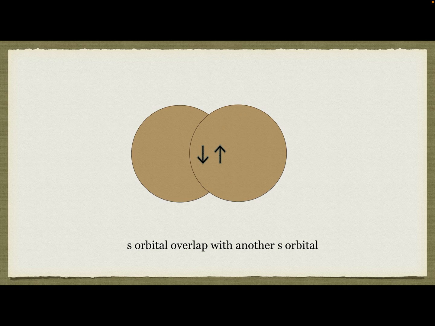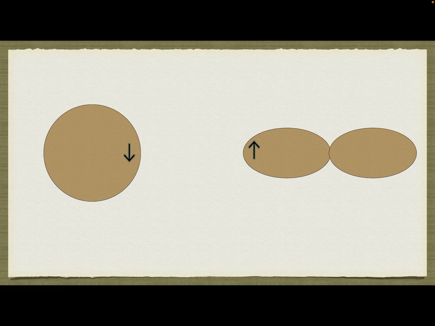So this is what we call as sigma bond lah. So sigma dia punya simbol ialah macam yang purple tu. So pertindihan antara dua s orbital will give you sigma bond.